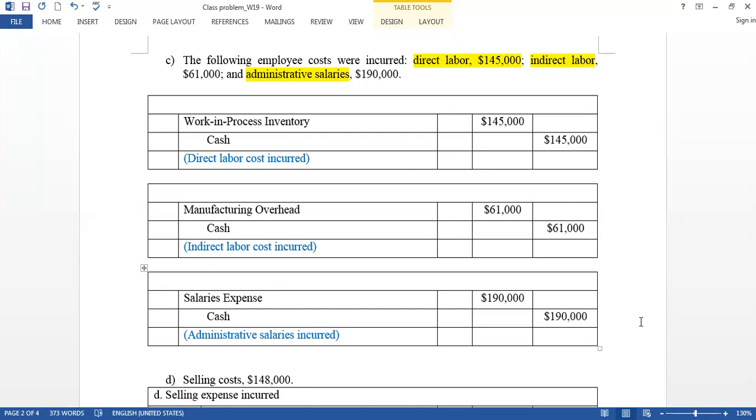Direct labor salaries transferred to work in process, indirect labor salaries transferred to manufacturing overhead, and administrative salaries is a periodic cost and it is expense. And the question said that all of these costs are paid in cash, so cash credit.